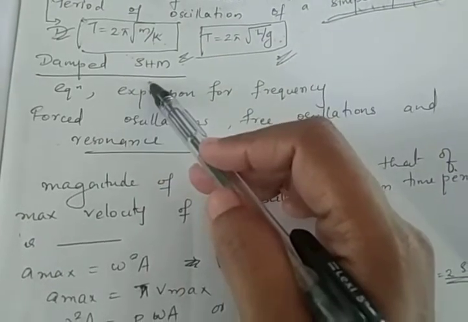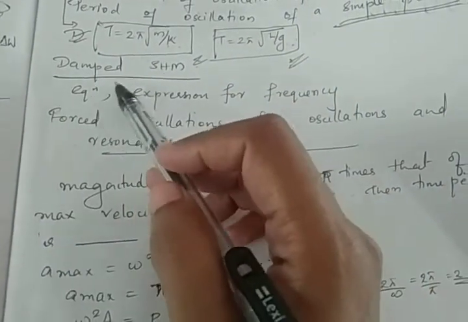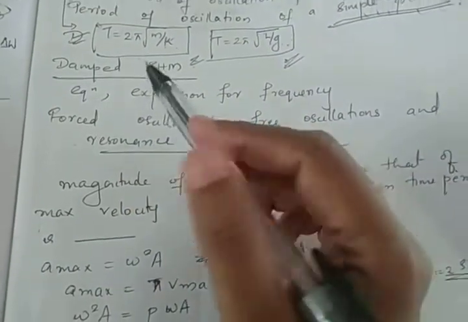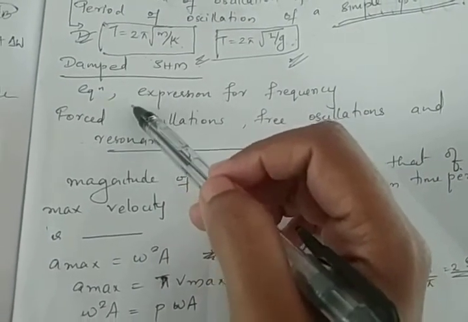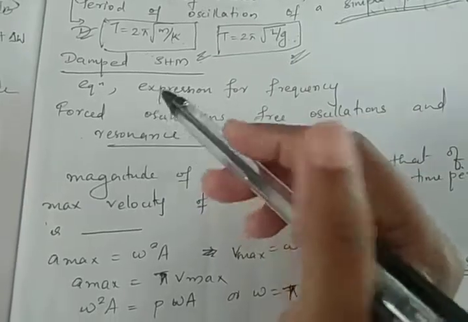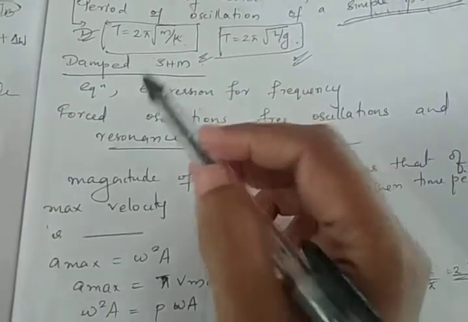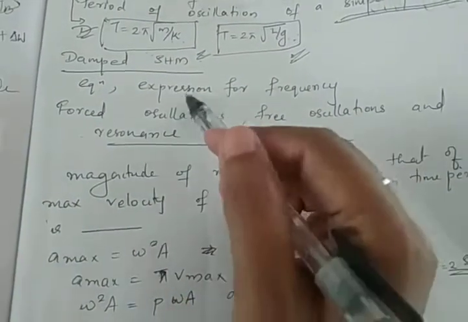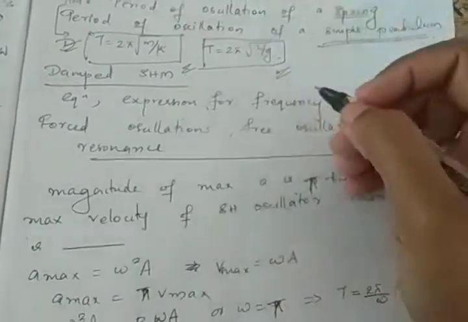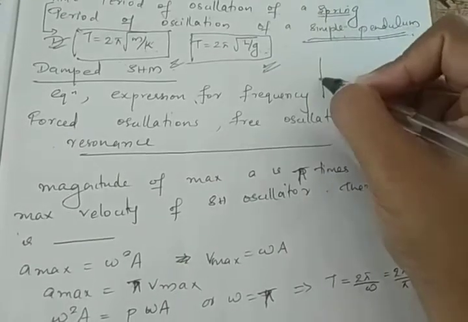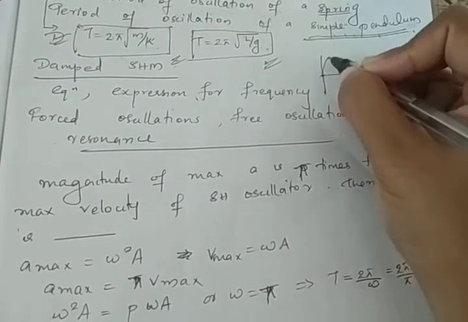Now damped simple harmonic motion. What is the equation for damped simple harmonic motion? It is very important and it is not similar to the general equation for simple harmonic motion. A damping constant will be present in the damped simple harmonic motion, and the expression for the frequency of damped simple harmonic motion is also important. In a damped simple harmonic motion, the amplitude will not remain the same.